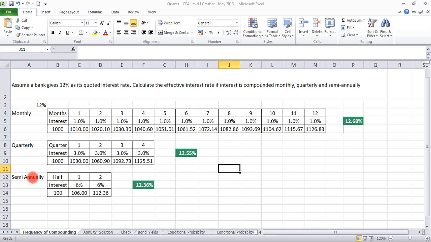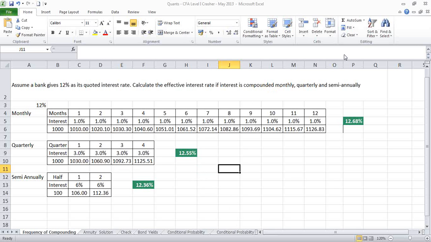If it is semi-annual, twice a year, effectively 6% return gets compounded twice during the year, and that gives me 12.36%. More the compounding frequency, more the annual effective return. So if the compounding frequency increases further, your effective return will be higher as you keep earning interest on interest. Fine. So that's the portion on compounding frequency that is important.